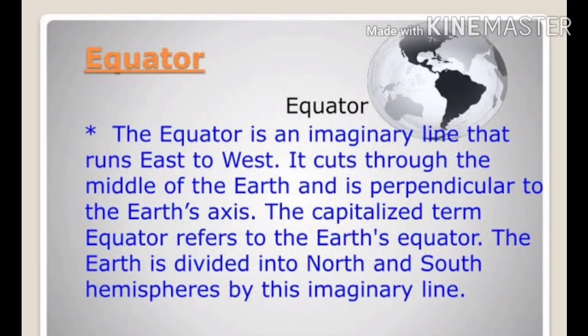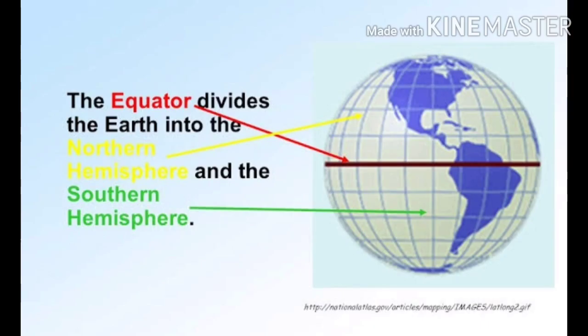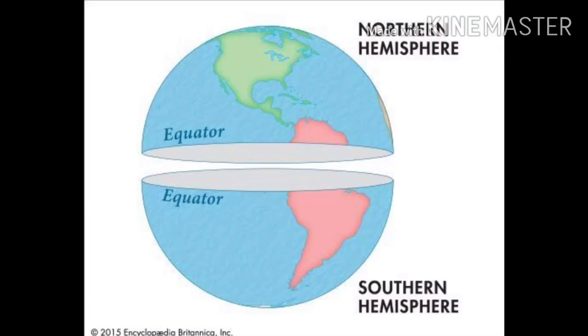It is known as the equator. The equator divides the earth into two equal halves or hemispheres. The hemisphere above the equator is known as the northern hemisphere, and the one below it is called the southern hemisphere.